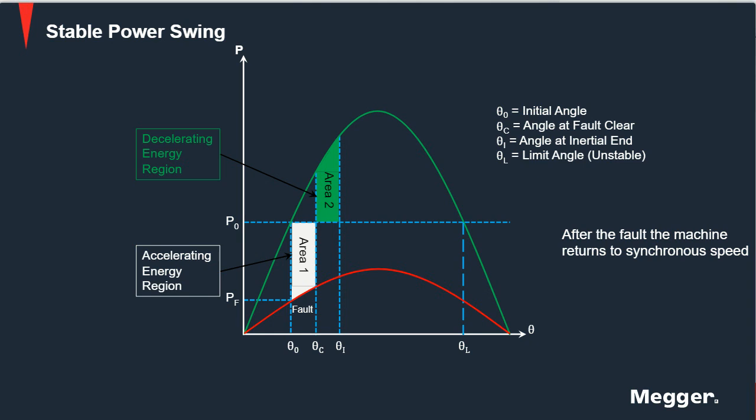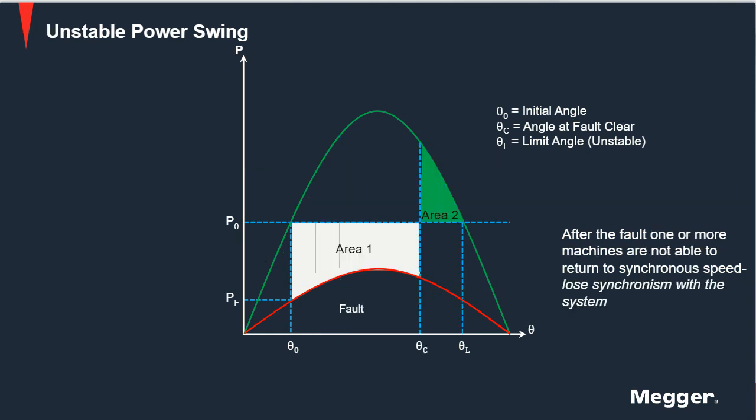Now, when the amount of energy that's gained in one of these processes is greater than the other, then we are talking about an unstable power swing. In this case, the machines that fall into these conditions cannot return to synchronous speed, and they lose synchronism with the system.